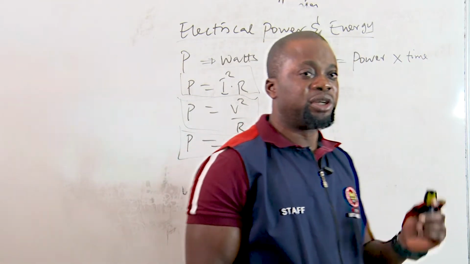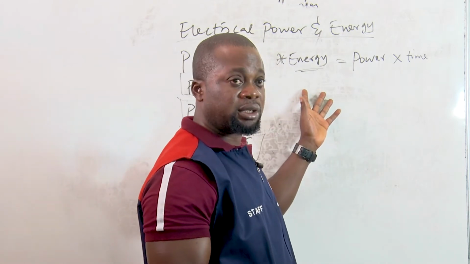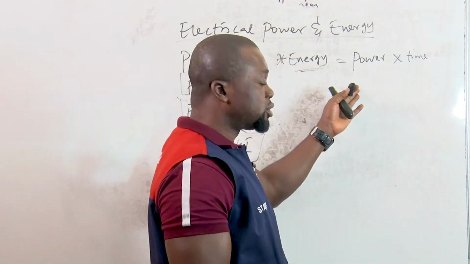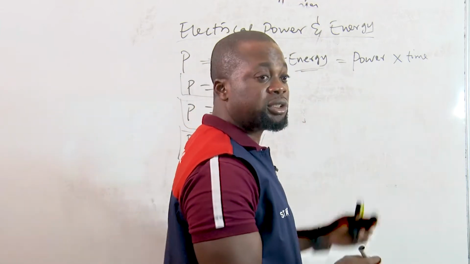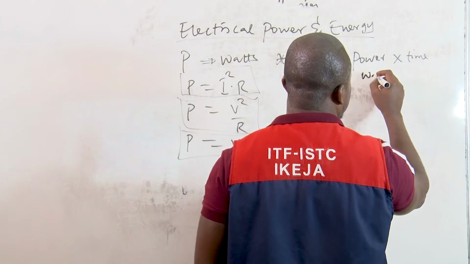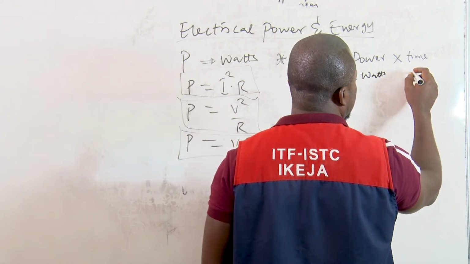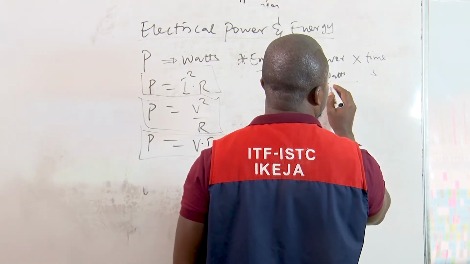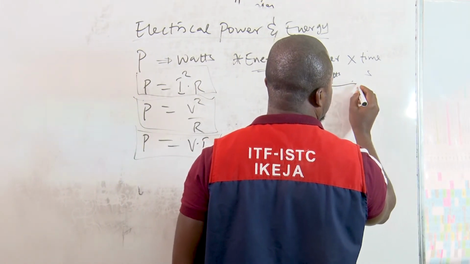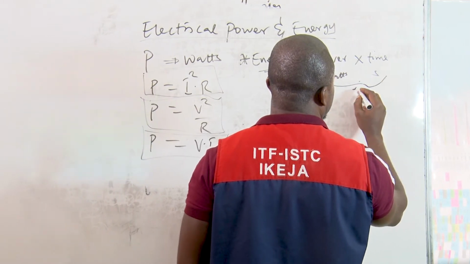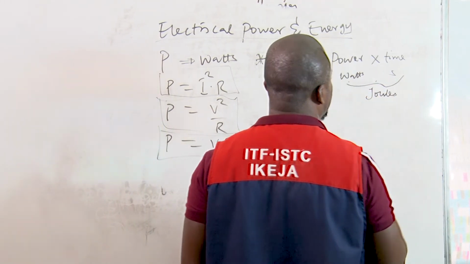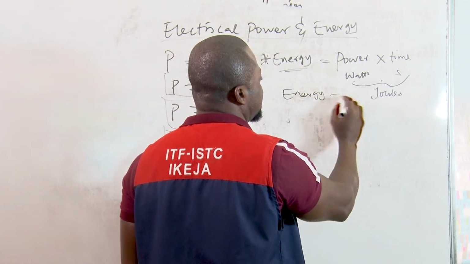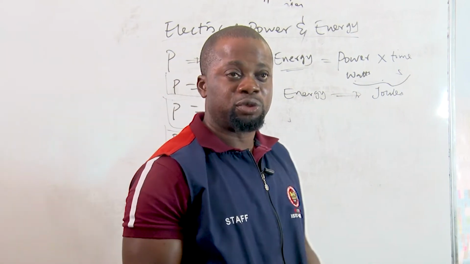If the power is measured in watts and the time is in seconds, therefore, the unit of energy is watt seconds, or what? Joules. Basically, energy in joules, which we've talked about.